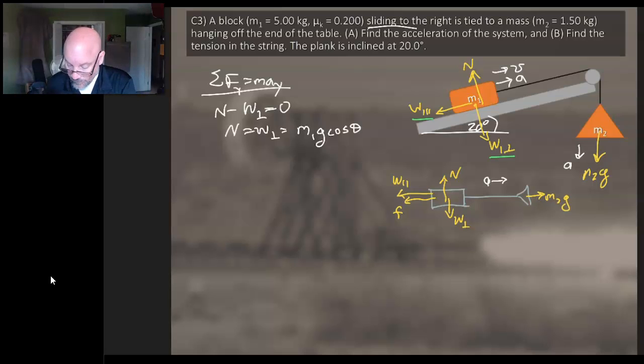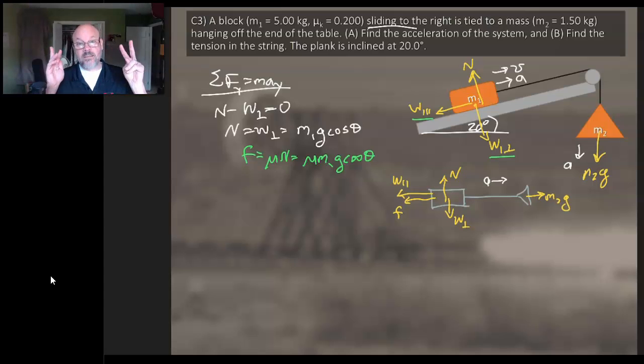Now what this does for us too is it allows us to say that our friction is mu times the normal force. So we're looking at mu M1G cosine theta. That's our frictional force. Now let's get to what's happening horizontally.